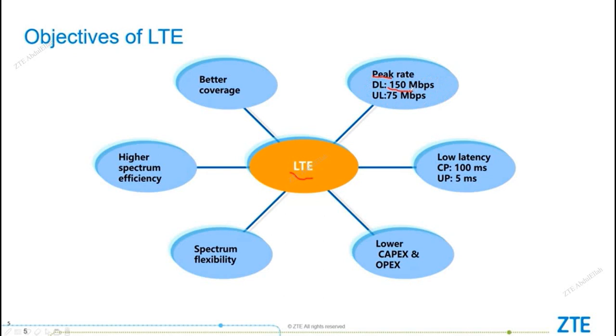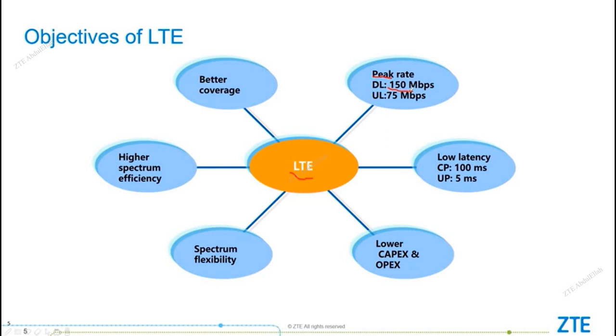In uplink we use SC-FDMA technology. SC-FDMA means single carrier FDMA. Why can we not use OFDMA in uplink? Because in uplink we don't want a higher PAPR, right?